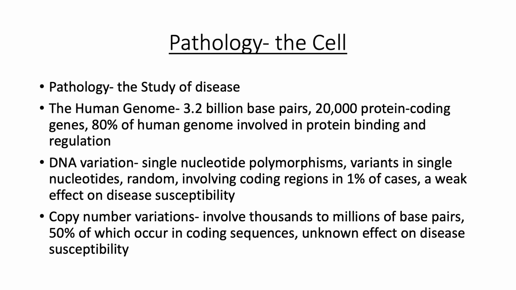There are also random variations involving coding regions in 1% of cases, and this is a weak effect on disease susceptibility. There are also copy number variations, which can involve thousands to millions of base pairs. 50% of these could occur in coding sequences, and these have an unknown effect on disease susceptibility.